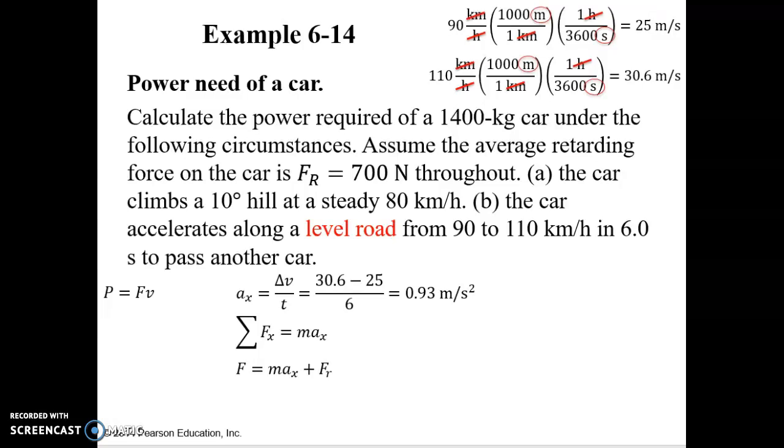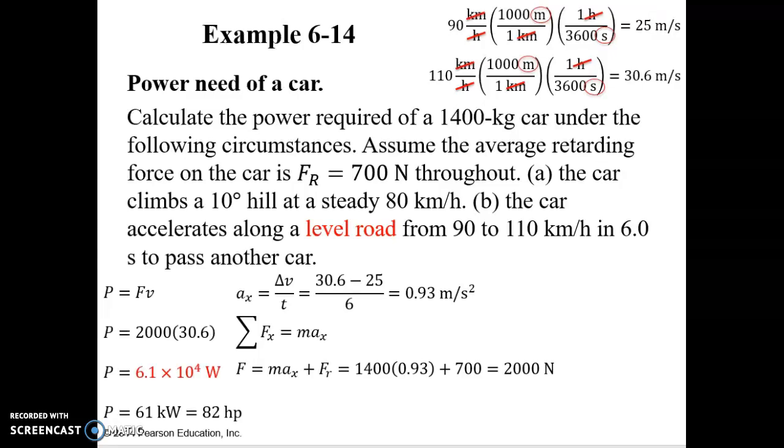We solve for the car's force output. Plug and chug, and we get 2000 newtons. Now we can plug and chug to get the car's power output, which is 6.1 times 10 to the 4th watts, or 61 kilowatts, or in case you're curious, 82 horsepower.